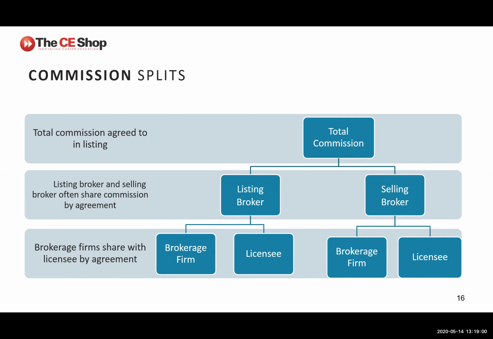And there's some agreement in there as to how much the cooperating broker, better known as the one that brings in the buyer or the selling broker there, gets. Within each firm, the firm is going to split whatever their percentage is with you as the licensee. Those numbers can vary all over the place. So it's just a matter of paying attention to what they say when you get your problem.